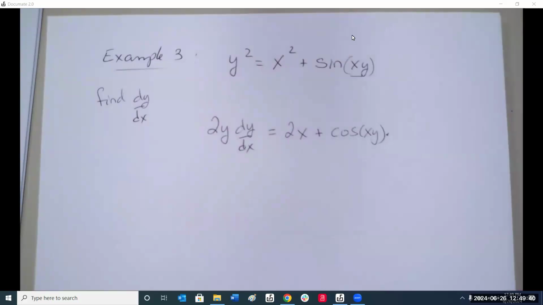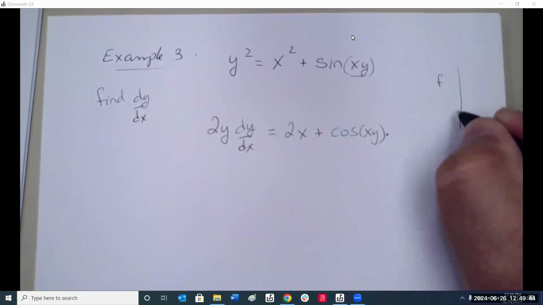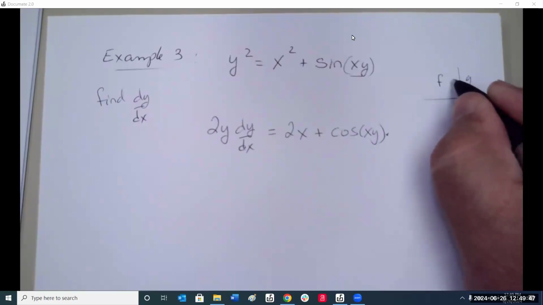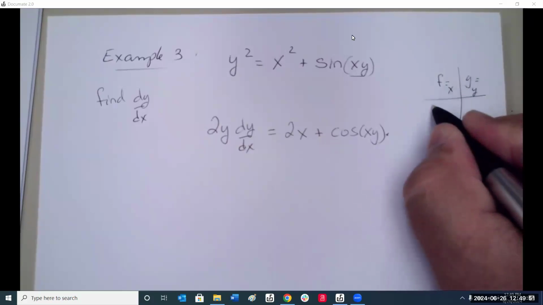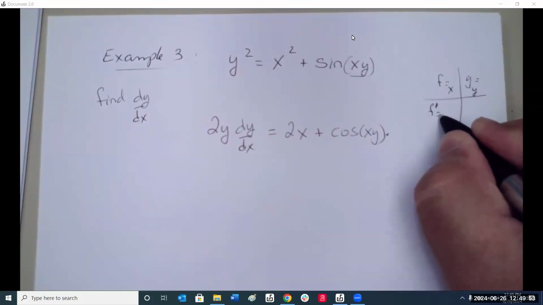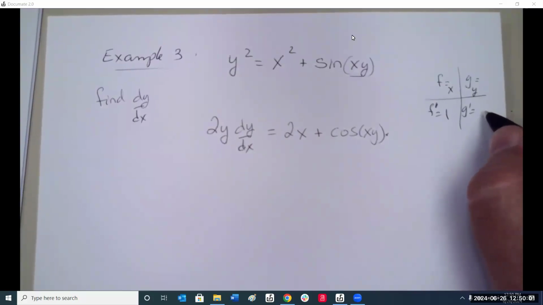It's a product, so we gotta use the product rule. x, y. The derivative of x is, the derivative of y is dy/dx.